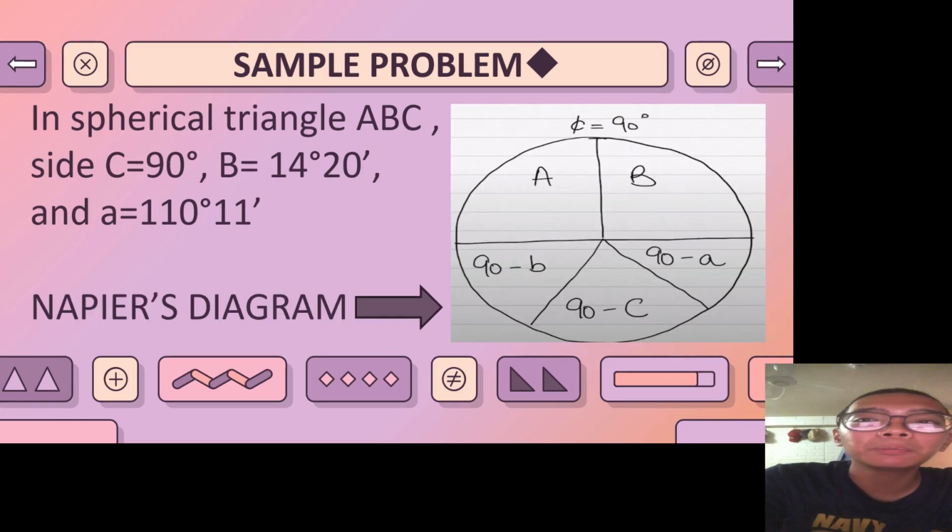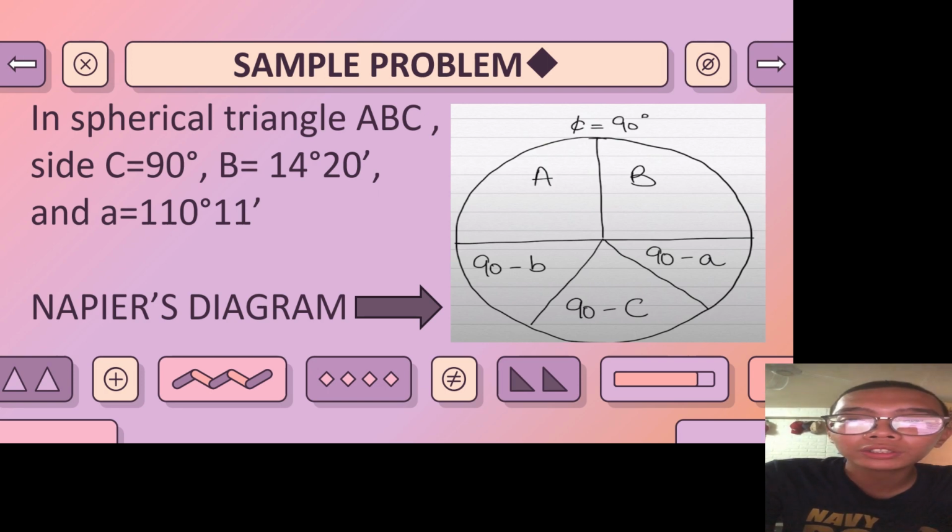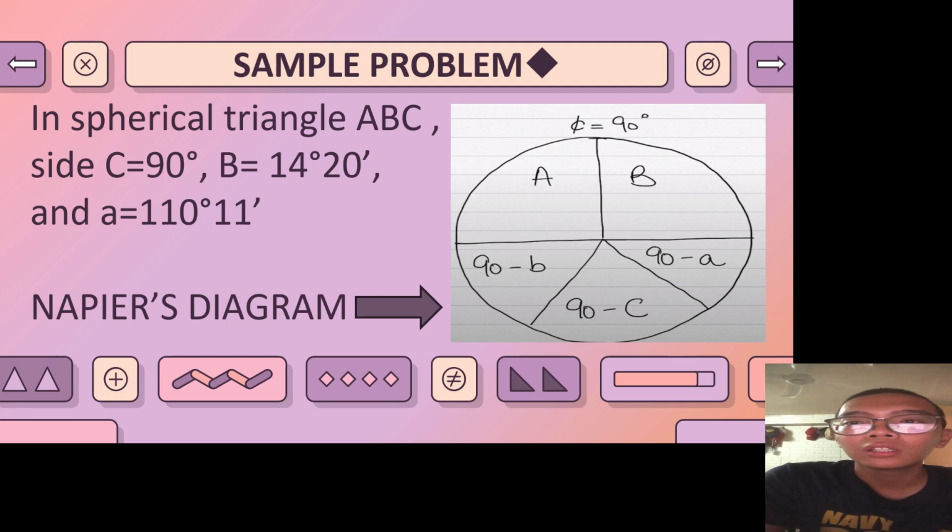So we have here our Napier's diagram. At the top of the circle, we have the angle C equal to 90 degrees. We're going to make two semicircles. At the top semicircle, we're going to put the angles next to the angle C, which are the angle A and the angle B. And at the bottom semicircle, we're going to put the opposite parts.